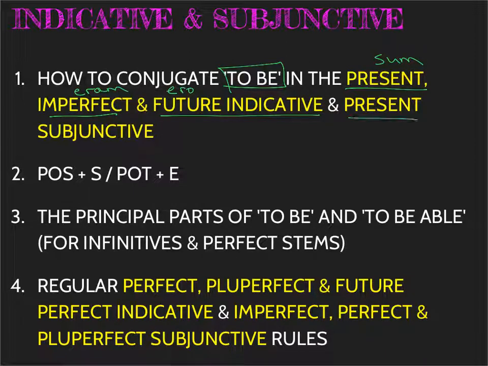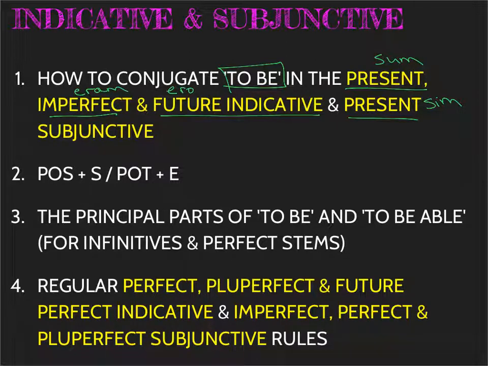And you need to be able to conjugate it in the present subjunctive, sim, sis, sit. So that is 24 verbs you need to have memorized, although they follow fairly regular patterns and you should be pretty familiar with most of them.